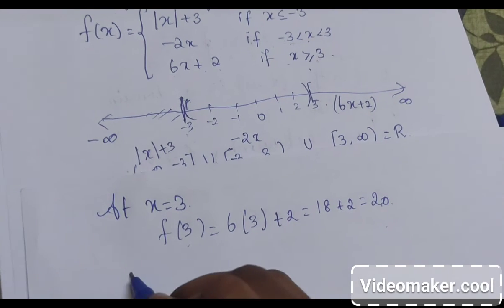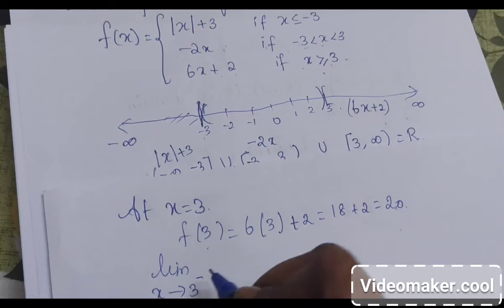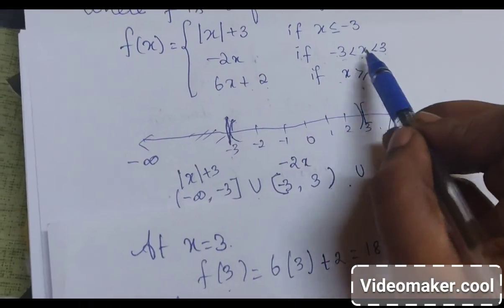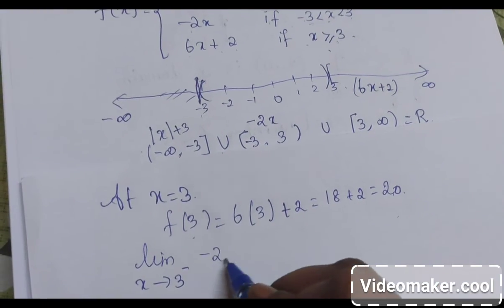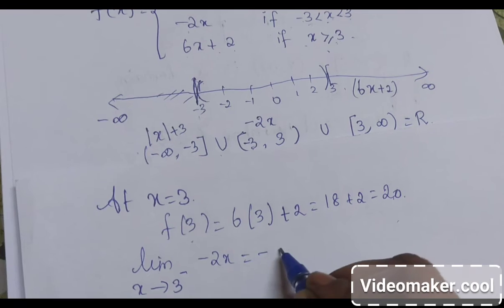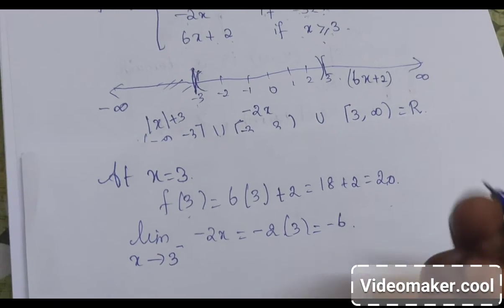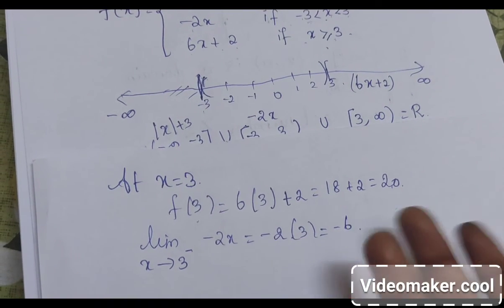Now we'll calculate the left hand limit. Limit x tends to 3 from the left hand neighborhood. In the left hand neighborhood of 3, the function is -2x. So -2 into x, where x is 3, we get -6.